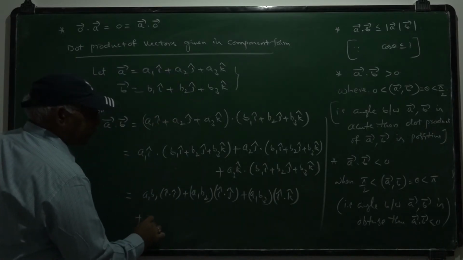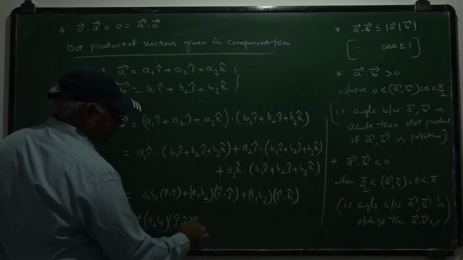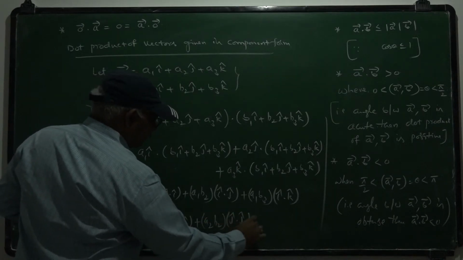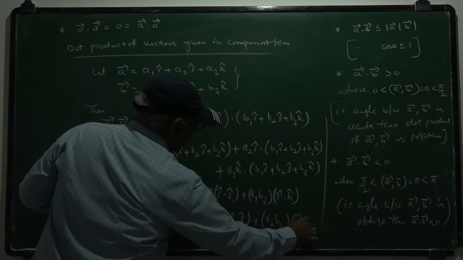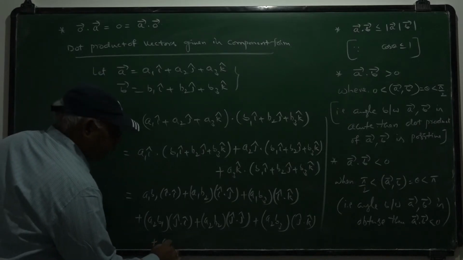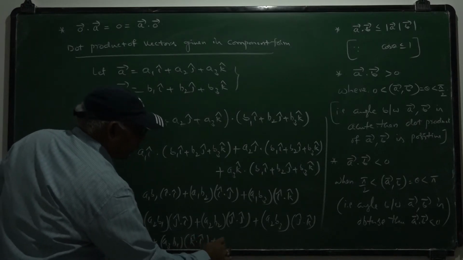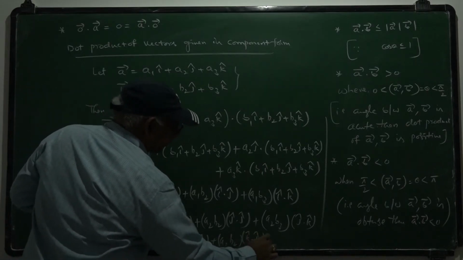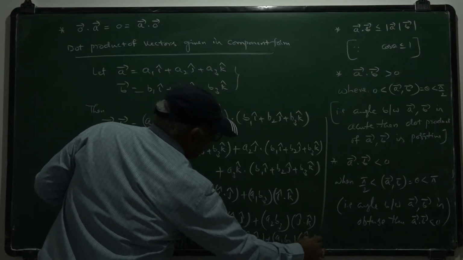Similarly, plus A2 B1 j dot i, A2 B2 j dot j, plus A2 B3 j dot k, plus the third one, A3 B1 k dot i, A3 B2 k dot j, plus A3 B3 k dot k.